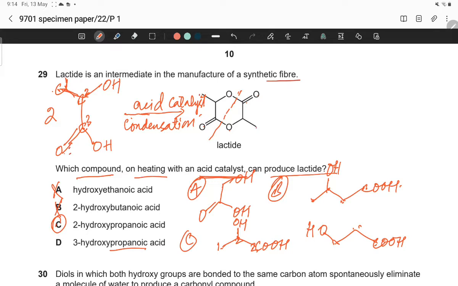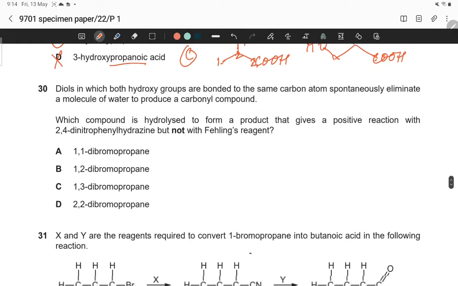So we number from the carboxylic acid, 1 2 and 3. This is 3-hydroxypropanoic acid, so this is also incorrect. So C option is correct.